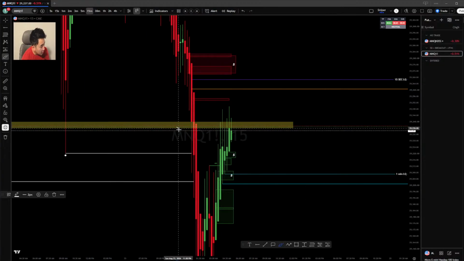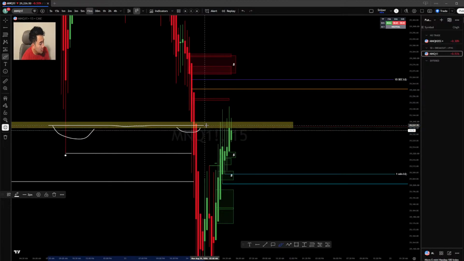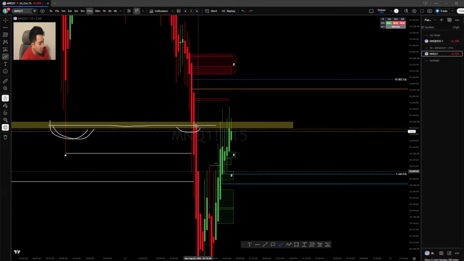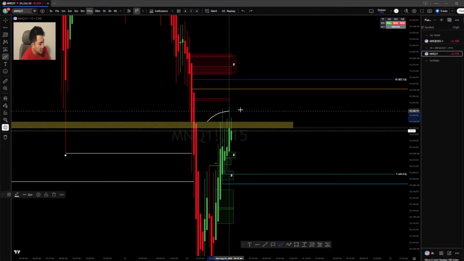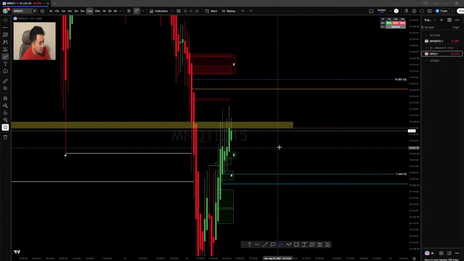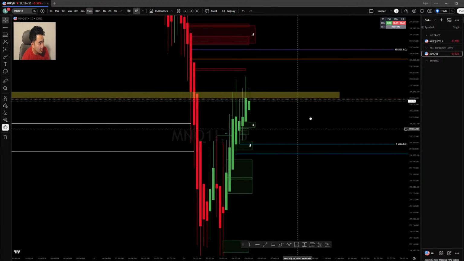Right here you have a little bit of support. So this is a support level where it pushed price up. But then it broke through, so it now becomes resistance. And this becomes a resistance here, where it's keeping price down.